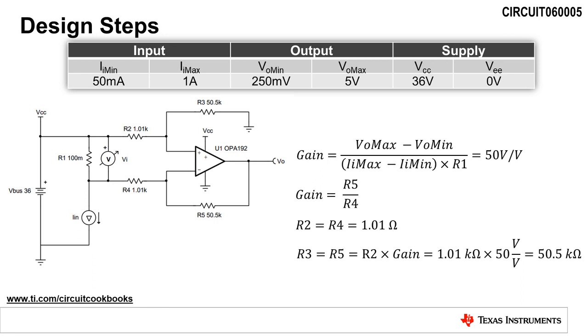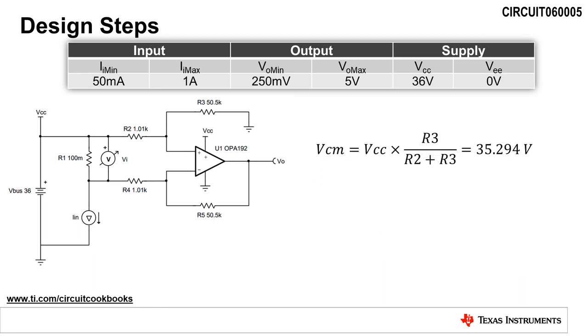The gain of the circuit is calculated as R5 divided by R4 because R2 equals R4 and R3 equals R5. Choosing a standard resistor value of 1.01 kiloohms for R4 allows us to calculate a resistor value of 50.5 kiloohms for R5, which gives us a gain of 50 volts per volt.